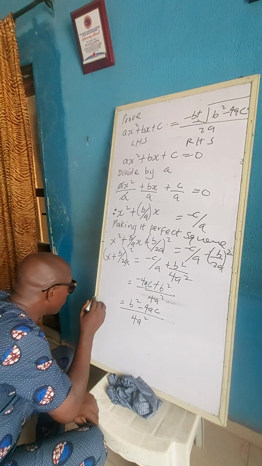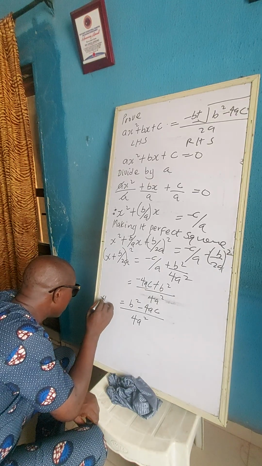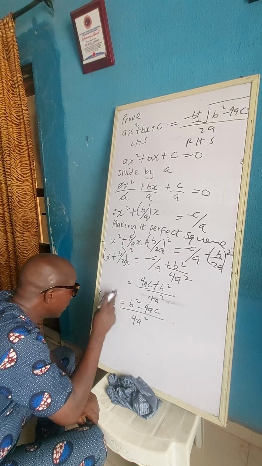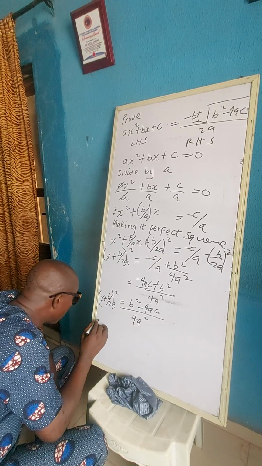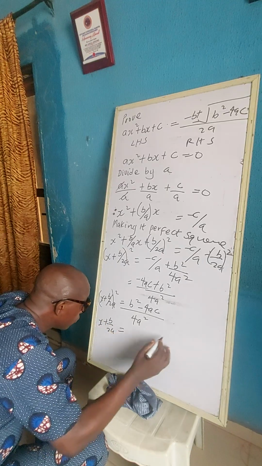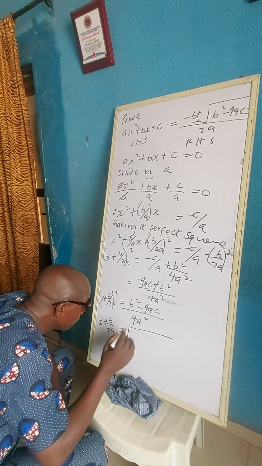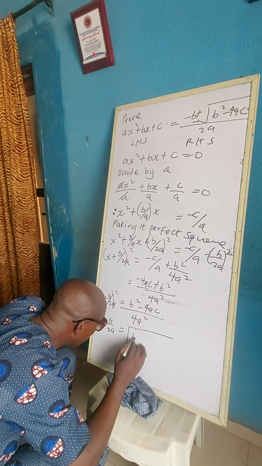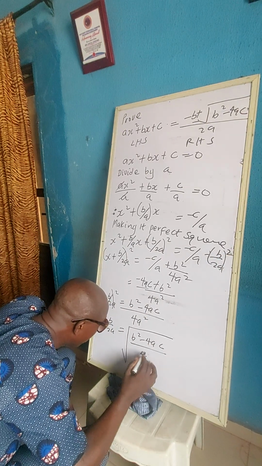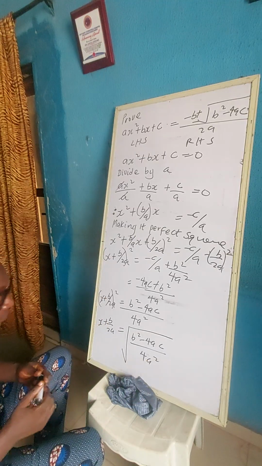Take note, this one is x plus b over 2a all squared. The square comes to this side, it becomes x plus b over 2a equal to the square root of b squared minus 4ac over 4a squared.